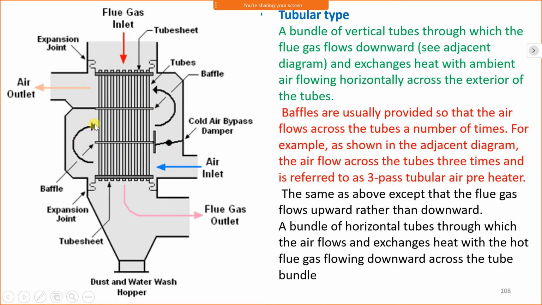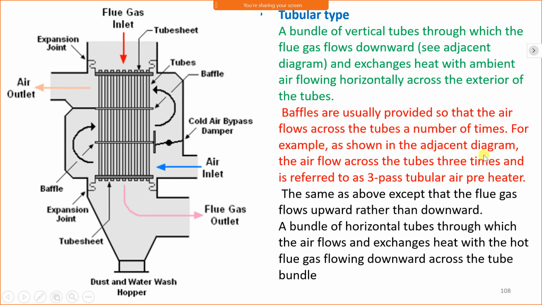It passes 3 to 4 times so that it can absorb more and more heat from the flue gases. Baffles are usually provided, these are the baffle plates, so that the air flows across the tubes a number of times.